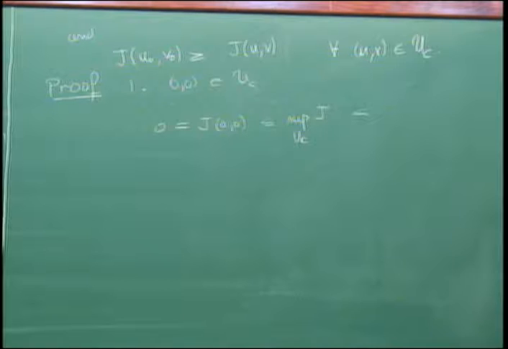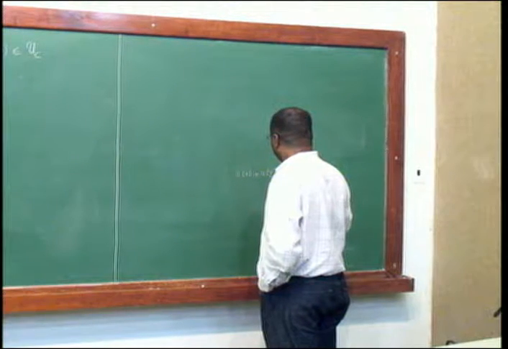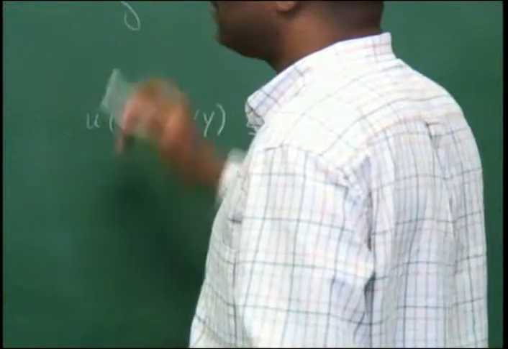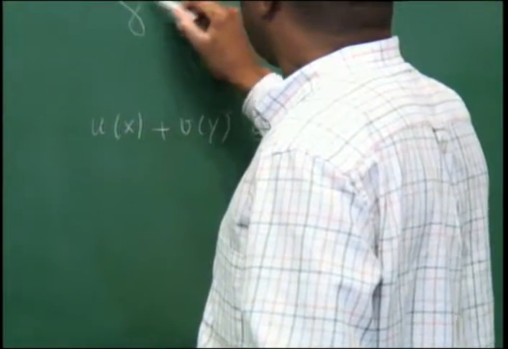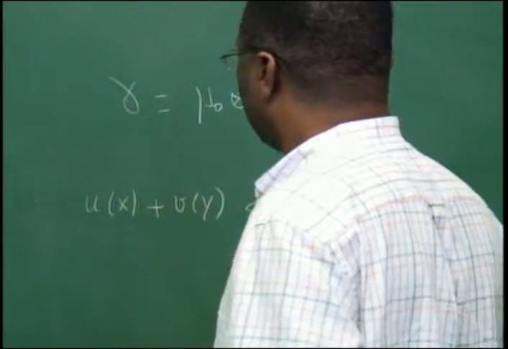This is less than... We did the computation, let me repeat it again. U of x plus V of y is less than C of xy. Take gamma to be mu naught times mu 1.